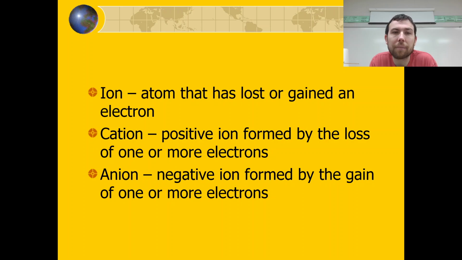They're generally very electronegative, so in bonds they tend to attract electrons to themselves, and they have relatively high ionization energy. So all of these things contribute to the fact that anions gain electrons and the atom becomes negative because the number of electrons is outnumbering the number of protons.